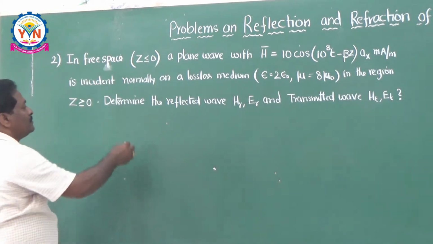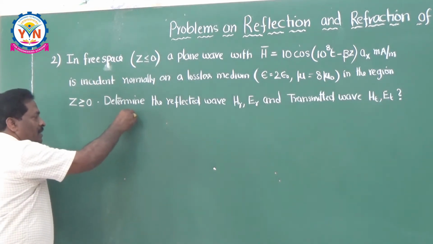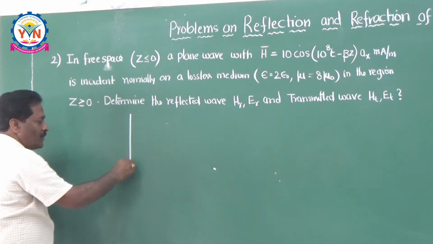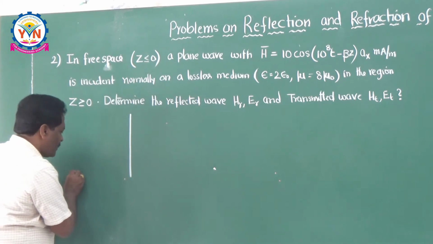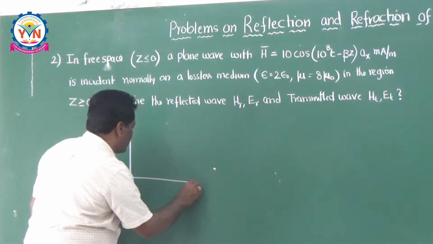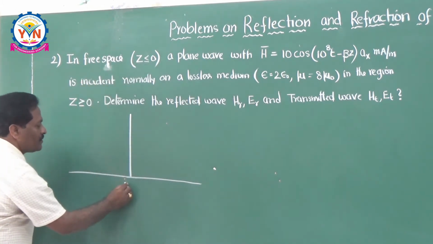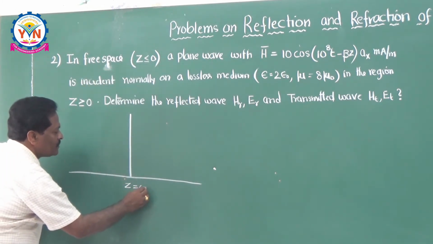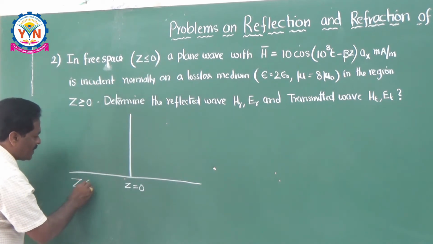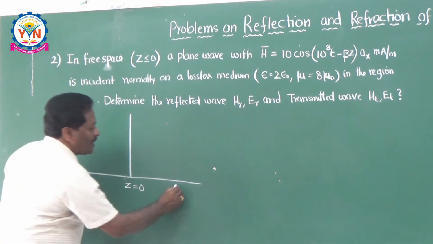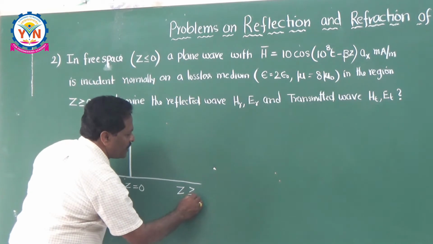Now, this problem relates to two mediums. One medium is free space and the other is a lossless medium. He has given z less than or equal to 0, here z is equal to 0, and here z greater than or equal to 0.